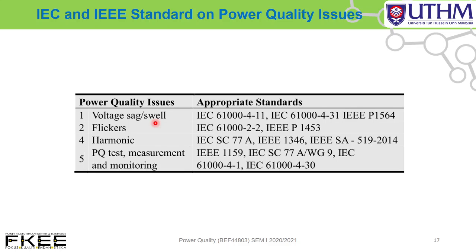If you want to refer to the standard related to flickers, this is the standard. This is the standard related to harmonics. For PQ test, measurement and monitoring, you can refer to this standard.